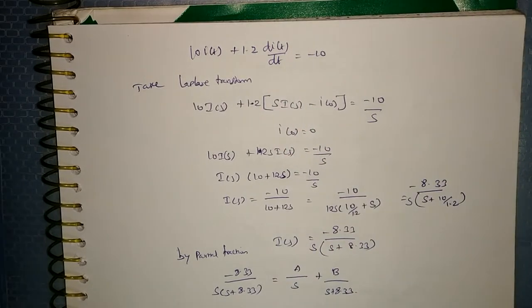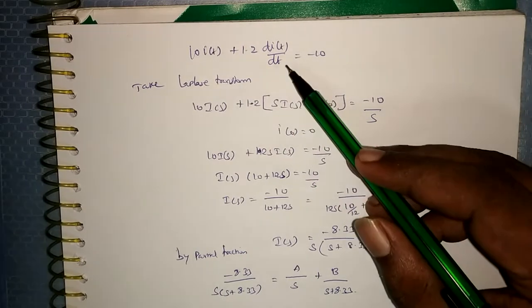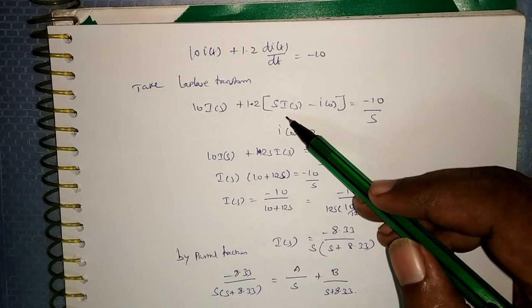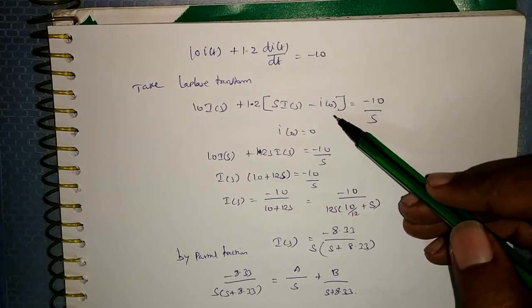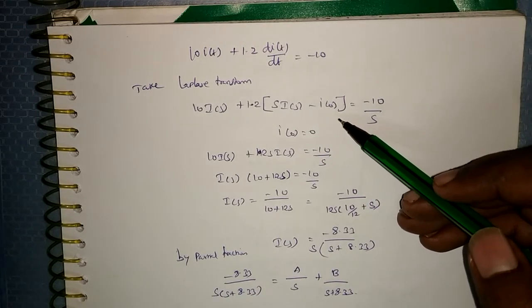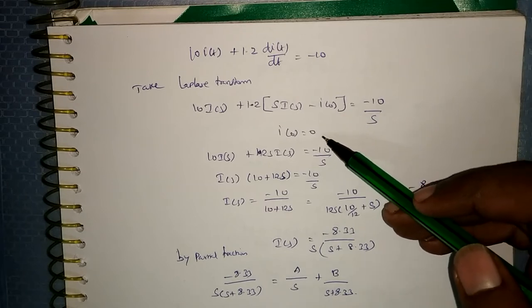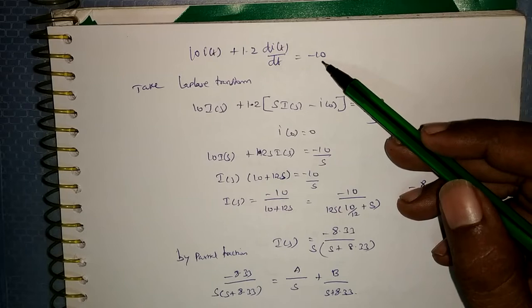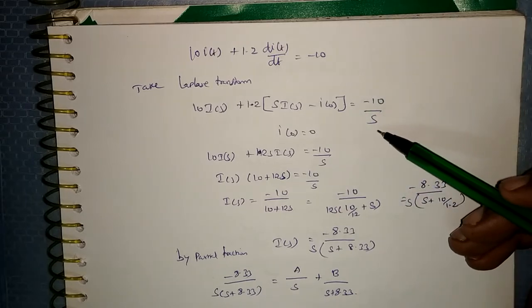We have 10 I of t plus 1.2 di of t by dt equal to minus 10. Take the Laplace transform. I of t can be written as I of s, 1.2 stays as 1.2, and di of t by dt should be written as s I of s minus I of 0. We consider there is no initial current, so I of 0 will be 0 in this case. The right side, minus 10, becomes minus 10 by s.